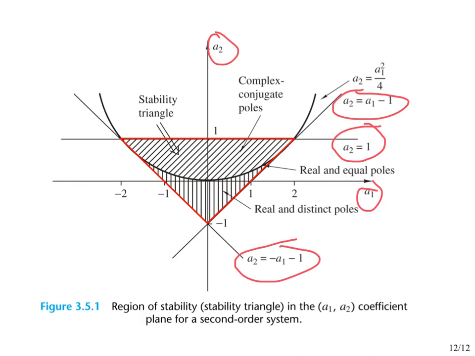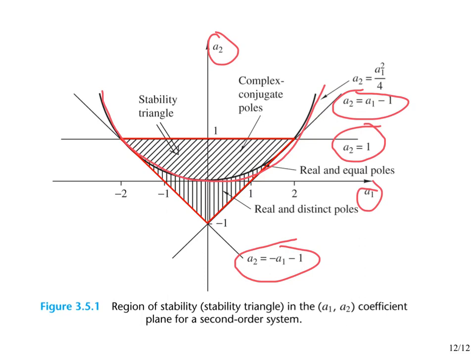Then this quadratic curve is the dividing line. Anything above it is going to have complex conjugate poles, and anything below it will have real and distinct poles. So this triangle is split into two parts. If we're trying to achieve a stable system, we must be inside the triangle.